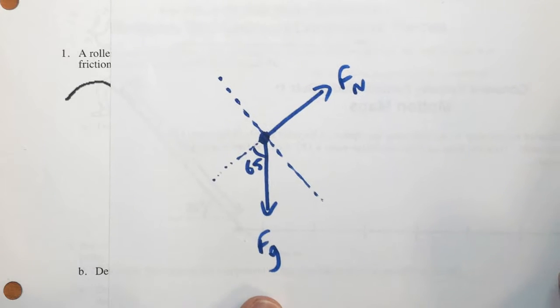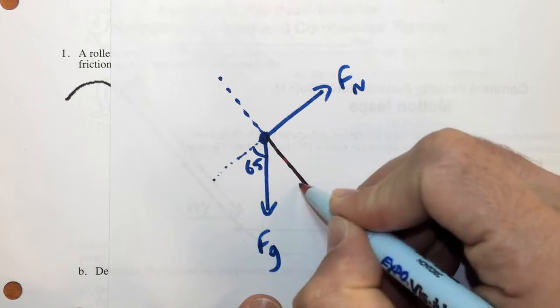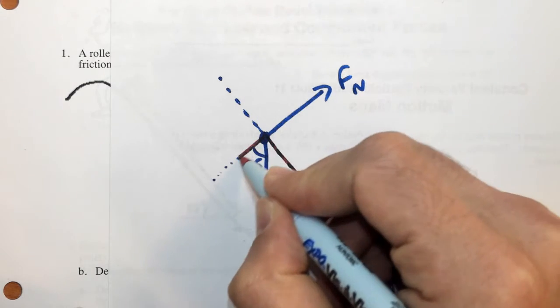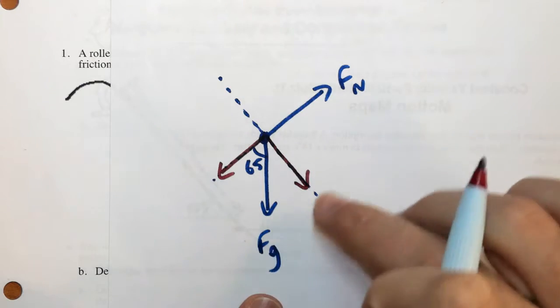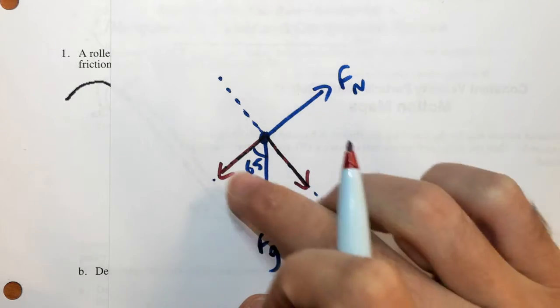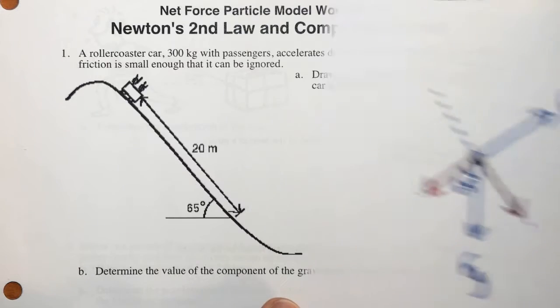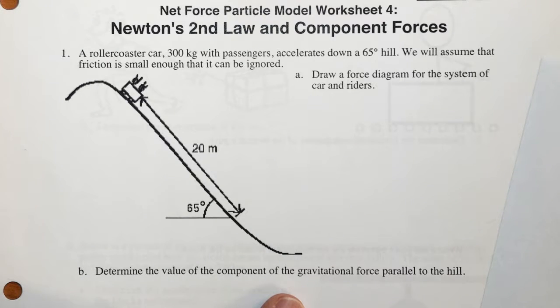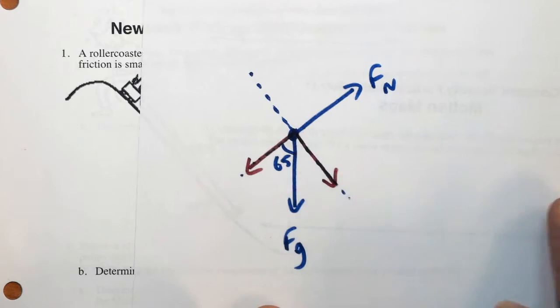In this force diagram, we can draw the component of the force of gravity this way and this way. So there are components of the force of gravity, this one and this one, but the question asks to find the component of the gravitational force parallel to the hill. So then I need to find this one, right?